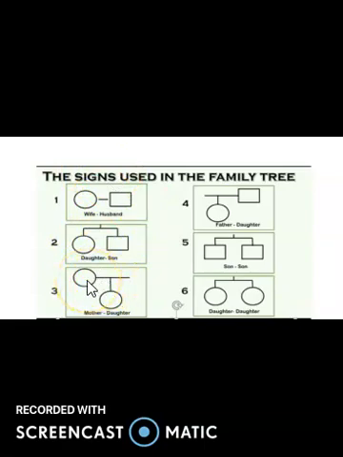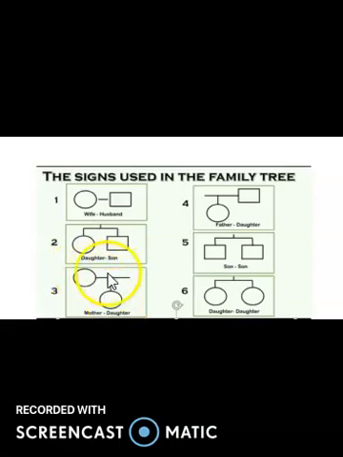Now look at this. An oval shape and again an oval shape, or a circular shape, connected through these lines. That means this is mother and this is daughter.